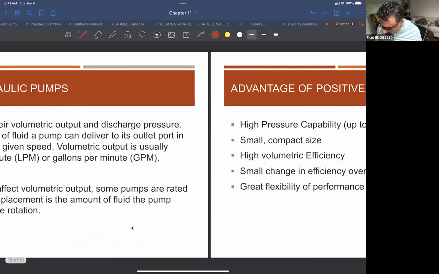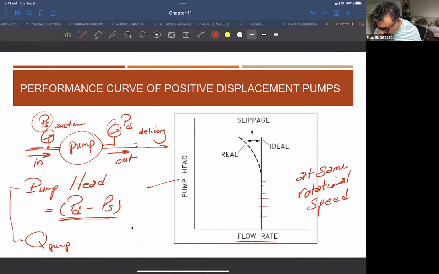That's why when presenting this performance curve, we say this is ideal, and this is the real one here. This is basically slippage or leakage. And the flow rate here will be less, right? Because the internal leakage will decrease the flow rate. But the vertical line shows that there is a wide range of pressure depending on the system's maximum pressure, okay?